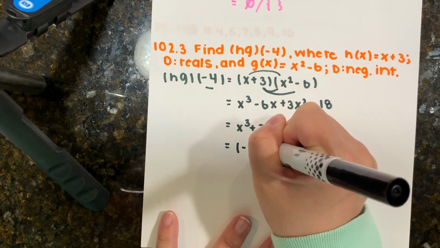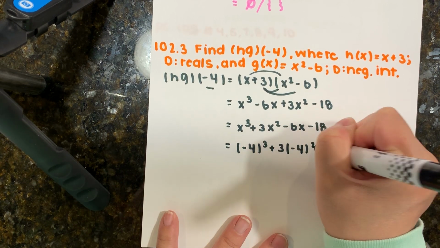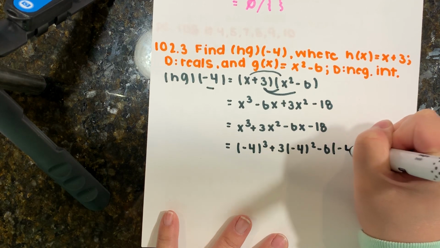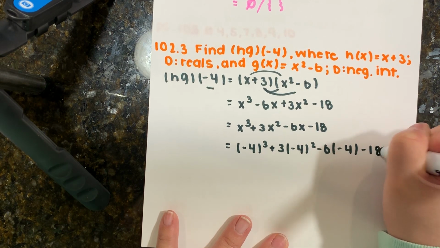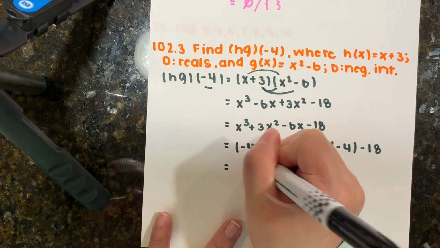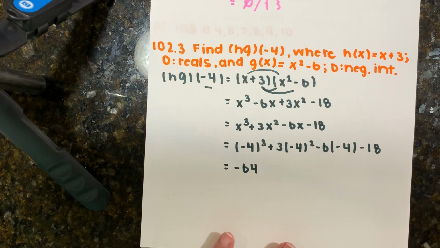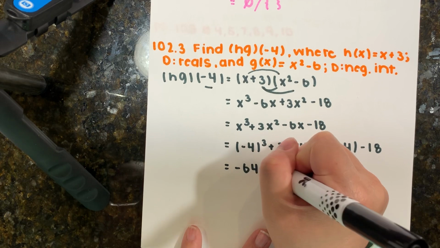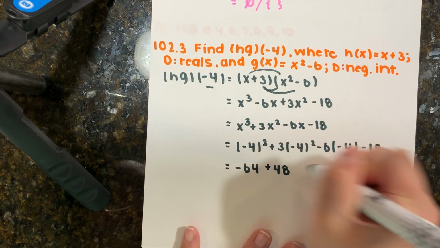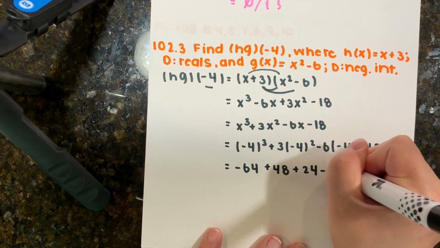So -4 to the power of 3 plus 3 times -4 to the power of 2 minus 6 times -4 and then minus 18. So -4 to the power of 3 is equal to 64, with 3 negative signs would make it -64. -4 squared would be 16 times 3, which is 48. -6 times -4 would be plus 24, and then minus 18.